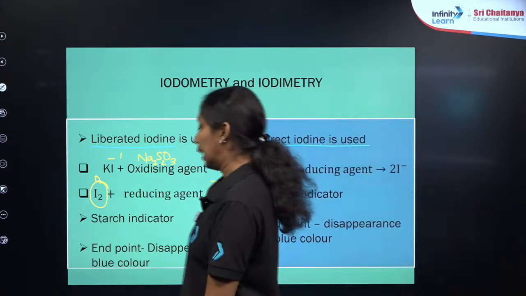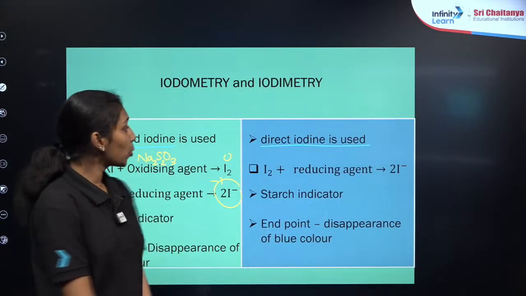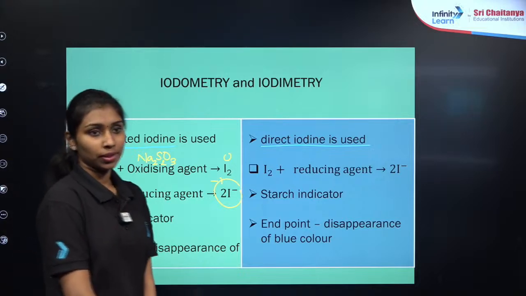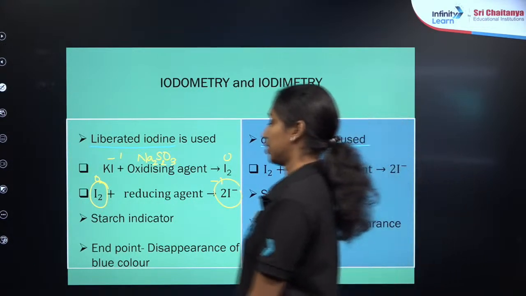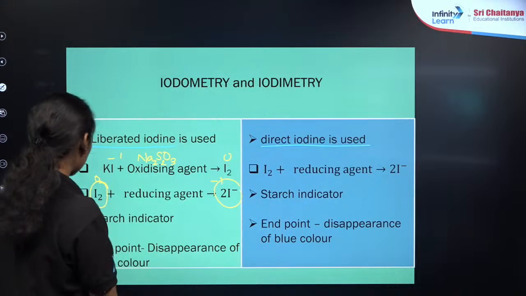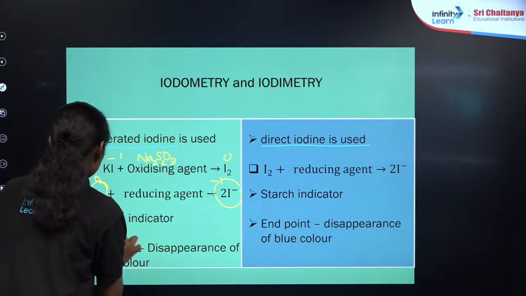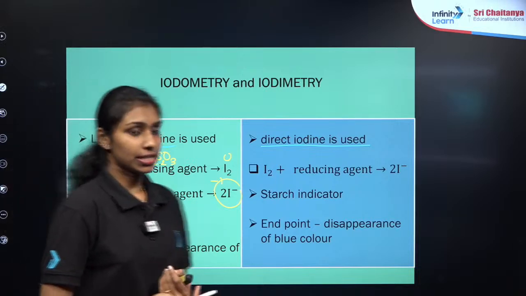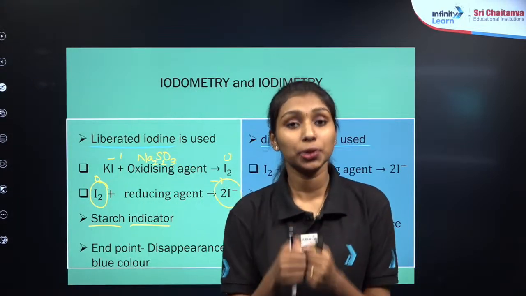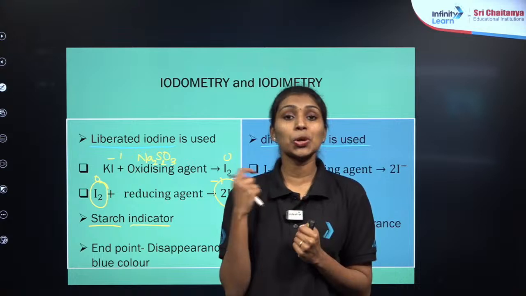Then what will be the indicator used in the case of iodometry? Starch. I think all are familiar with starch, right? Starch is the indicator used in iodine-containing titrations. Starch and iodine combine together to form a starch-iodine complex, which shows a blue color.